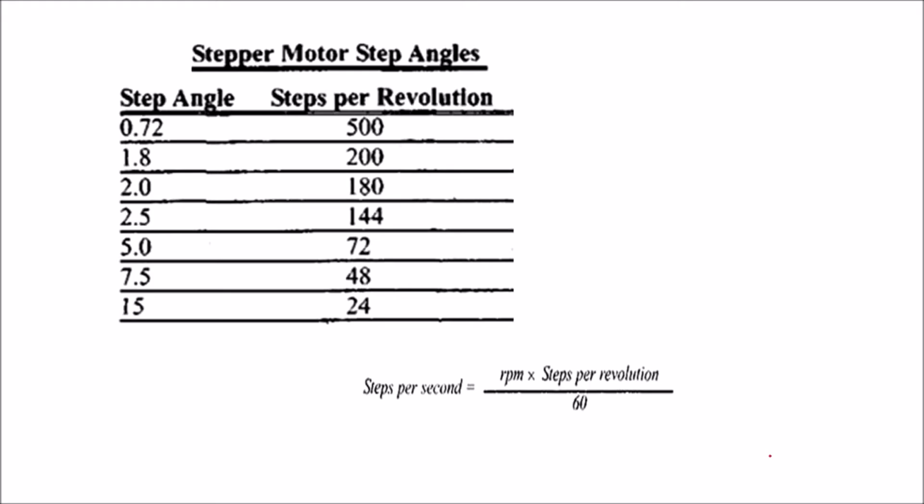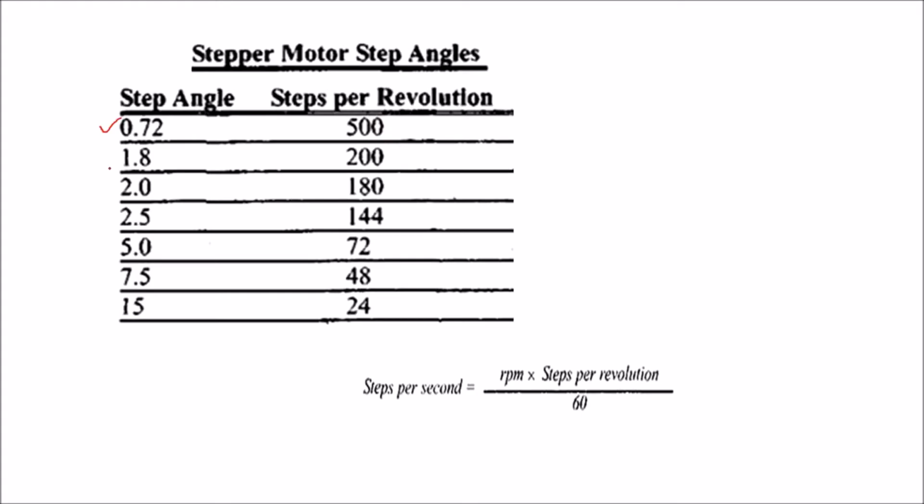As an example, here different motors which are available with different step angles are shown. For example, a motor with step angle 0.72 is available. If we are using this motor, it will rotate with a step angle of 0.72 degrees. So for one complete revolution, we need 500 steps.